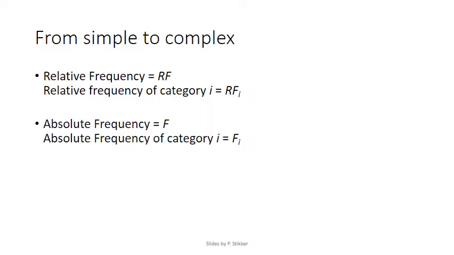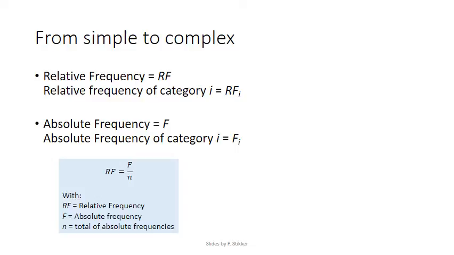We could make the simple formula slightly more complex by adding the index numbers, which would be slightly more precise than the simple version. Relative frequencies were RF, so we could specify which particular category that is by using the index. So the relative frequency of category i would be RF index i, and absolute frequency F becomes Fi.